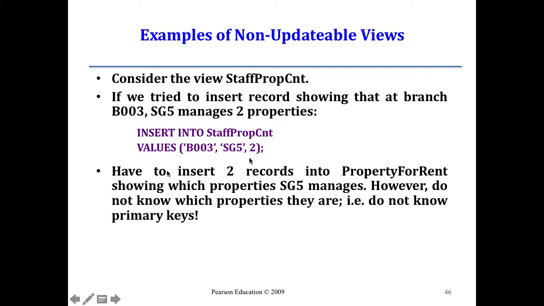So there's no way we can unambiguously map this update back into an update on the property for rent relation. So this insert has to be denied. Okay, so we say it's not updatable. This is a non-valid update.